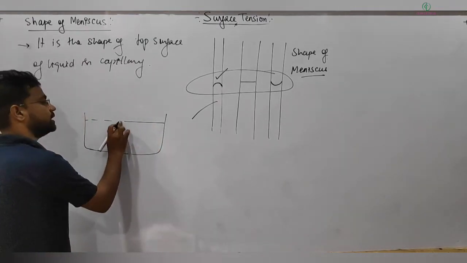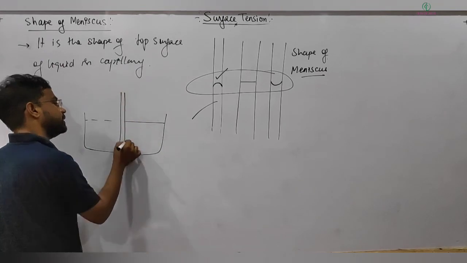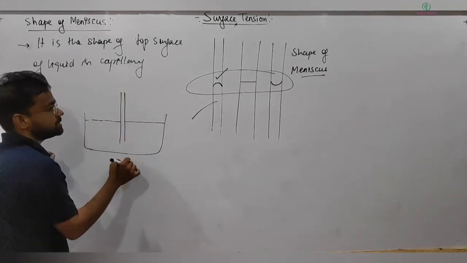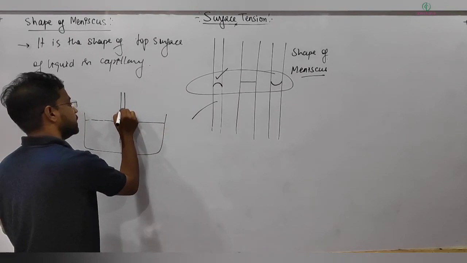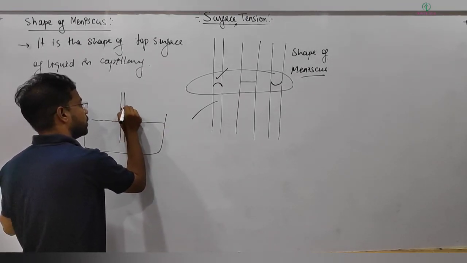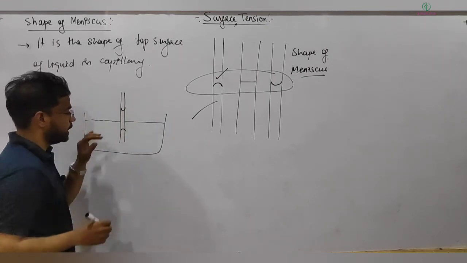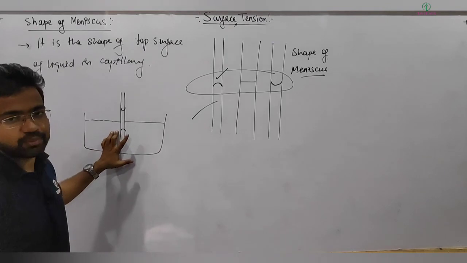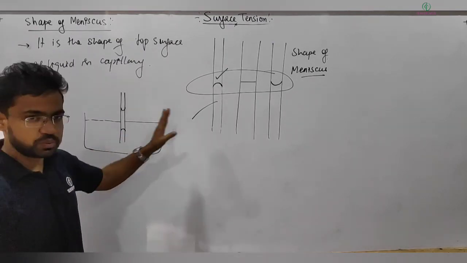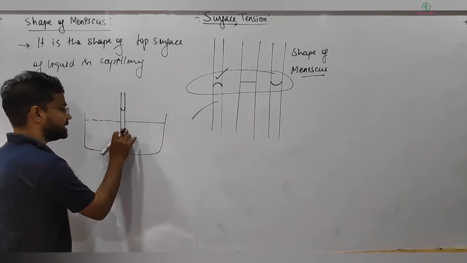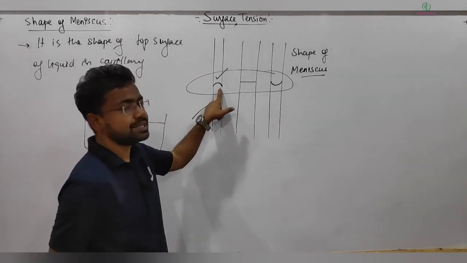But if we submerge a capillary here, we can clearly see the difference. Either it will be like this, or like this. The liquid rises sometimes and falls also; we call that capillary action. We will come to that later, but before that I am just interested in knowing the shape.